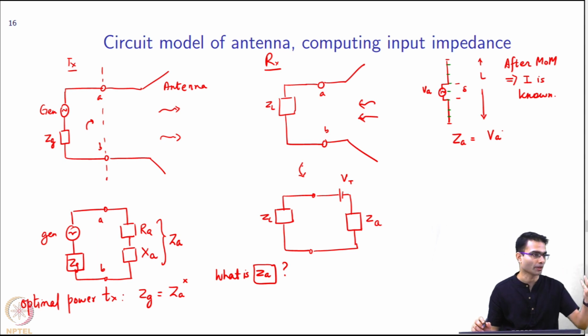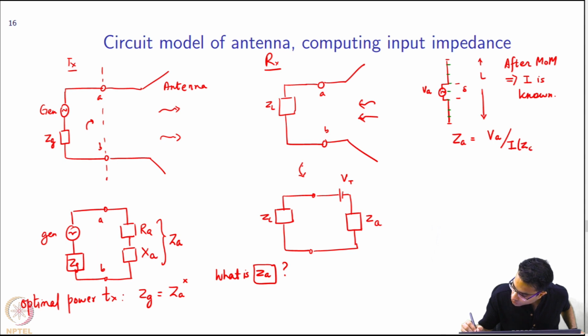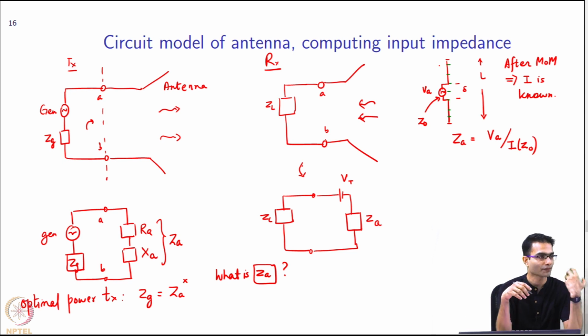That is the impedance, right? So it is VA by I at Z naught, right? We can say that this coordinate over here is Z naught. Okay. So this is how your CEM is going to tell you, after you have done the calculation, the value of the input impedance over here.